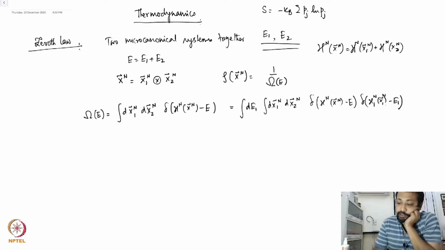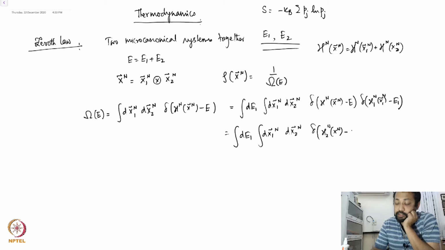But the moment you bring this in, one also has to write this down carefully. The moment you introduce this, I can equivalently write delta of h2n x2n minus E plus E1, delta of h1n x1n minus E1.